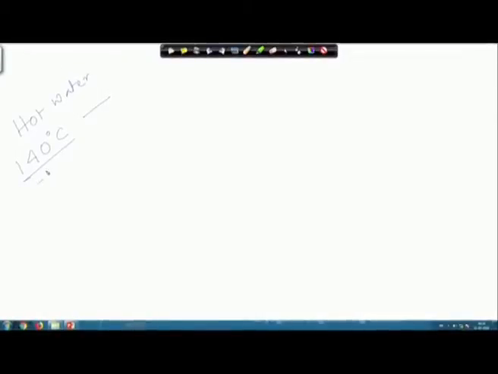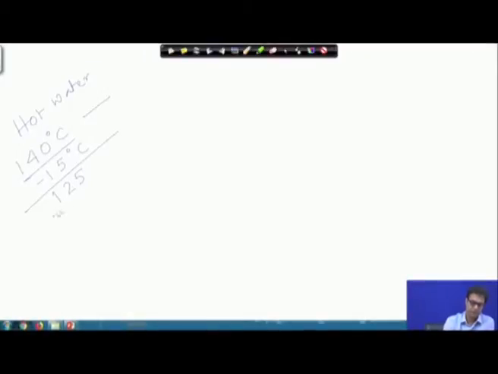So it should be 140 minus 15, which is 125 degrees C. We take an average between 140 and 125, so it is 132.5 degrees centigrade.